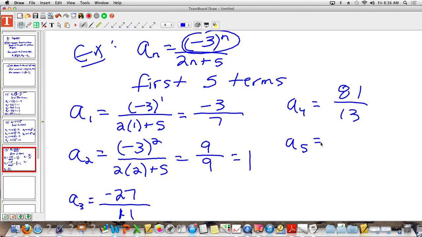So the denominators are going from 7 to 9 to 11. Oh, I'm sorry, this one has a denominator of 13, and the next one is going to have a denominator of 15. Why is it going up by 2 each time? Because of the slope. Look at this right here. That is our slope of 2. That means that the denominators are going to keep going up by 2.